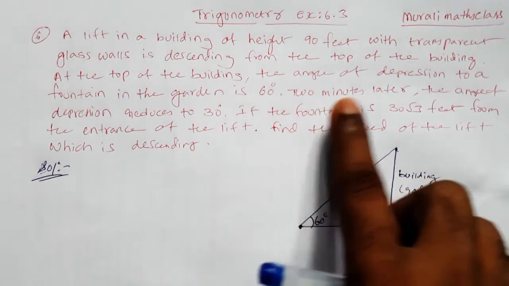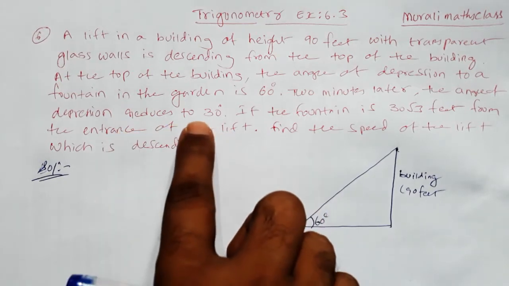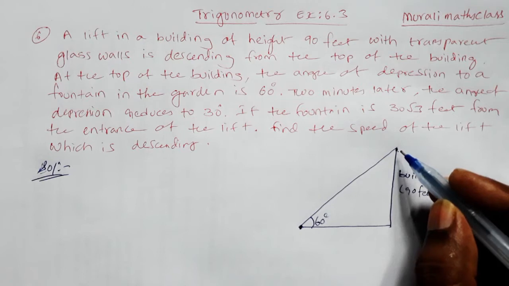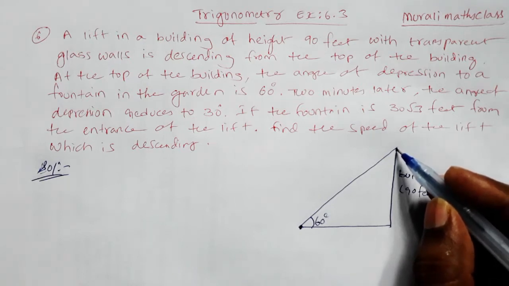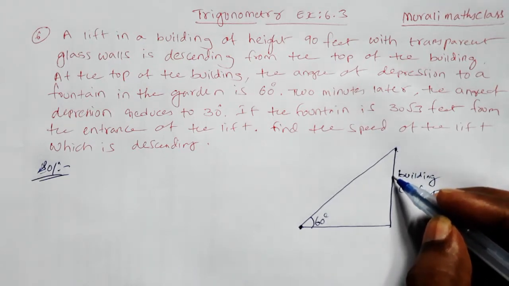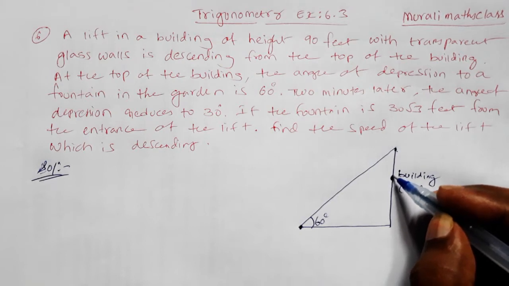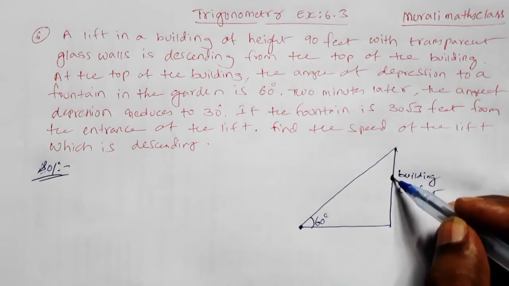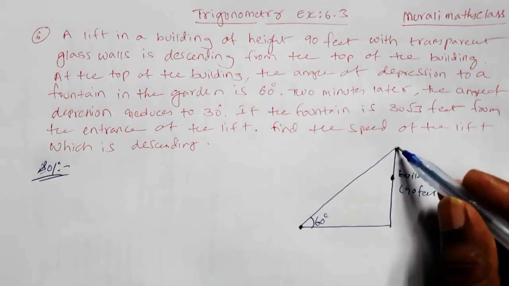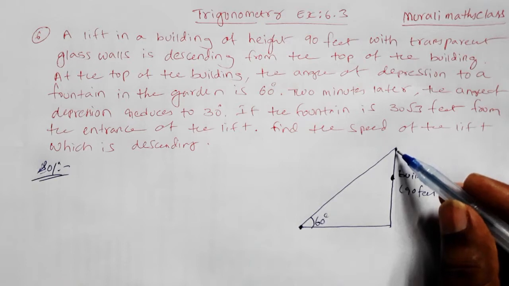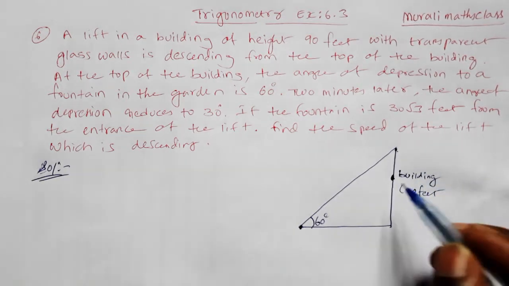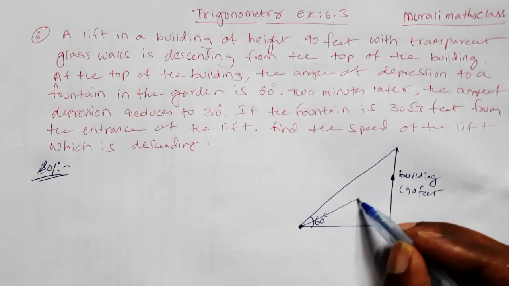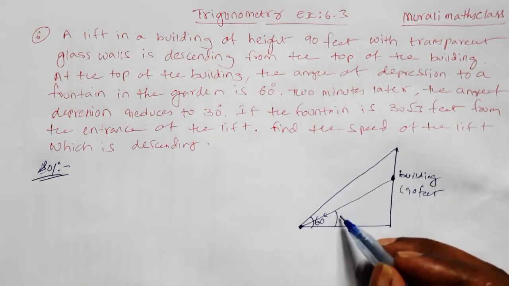2 minutes later, the angle of depression is reduced to 30 degrees. Within 2 minutes the lift will be coming down somewhat here. Let us think that within 2 minutes the lift came here. From here it started. After 2 minutes it reached here. Now at this point the angle of depression is 30 degrees.